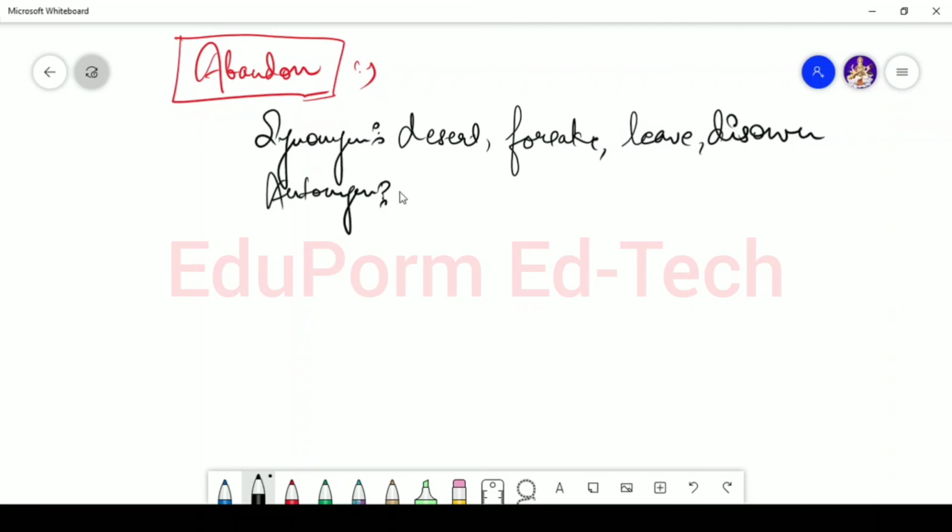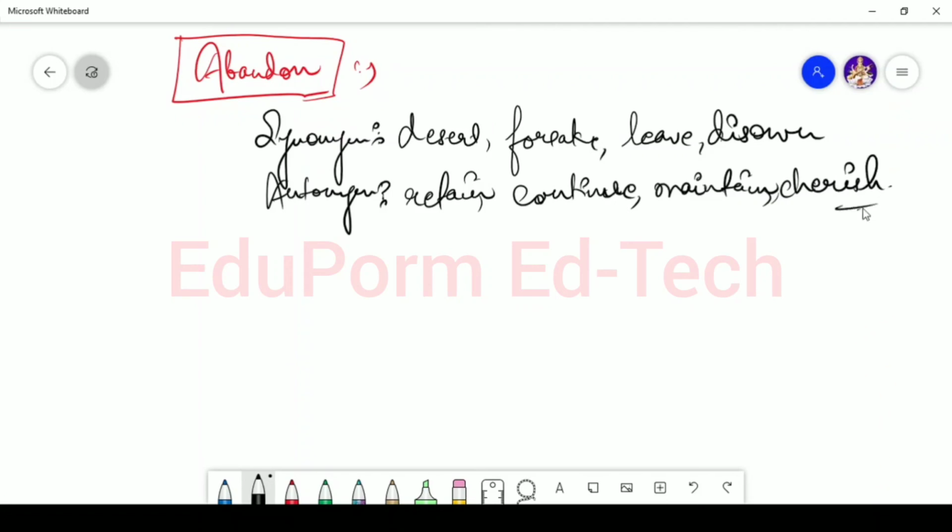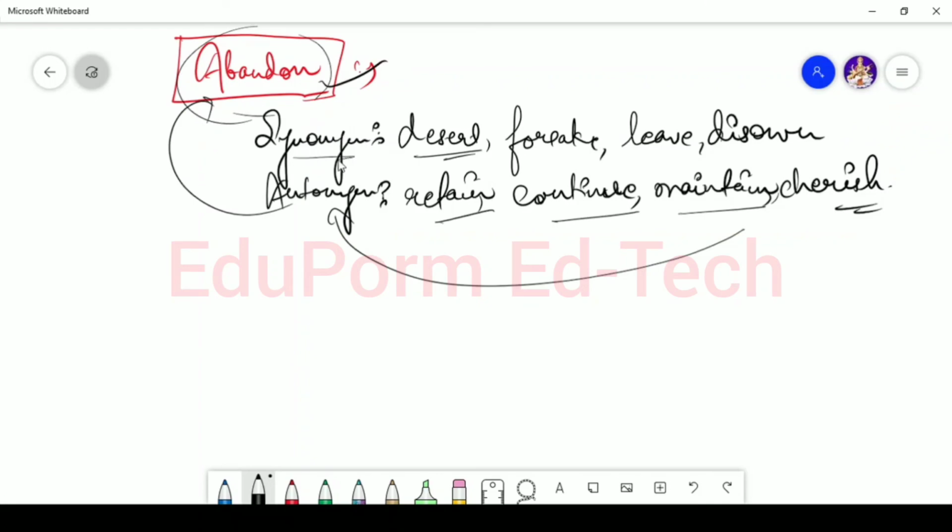And what is the antonym or opposite of abandon? It will be retain, continue, maintain, and cherish. Retain, continue, maintain and cherish are all antonyms for the given word abandon, and synonyms are desert, forsake, leave, disown.